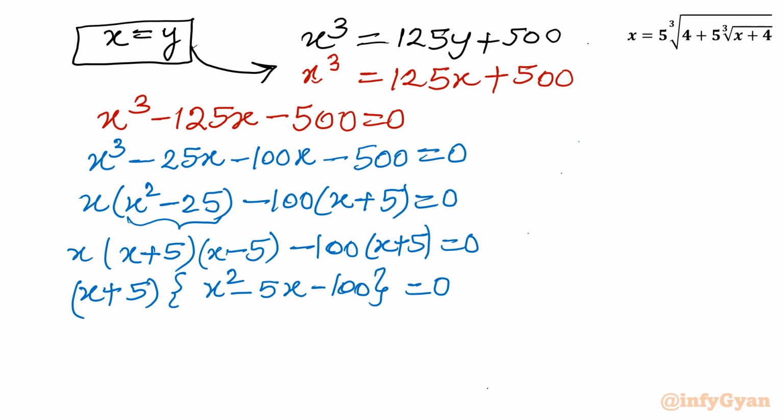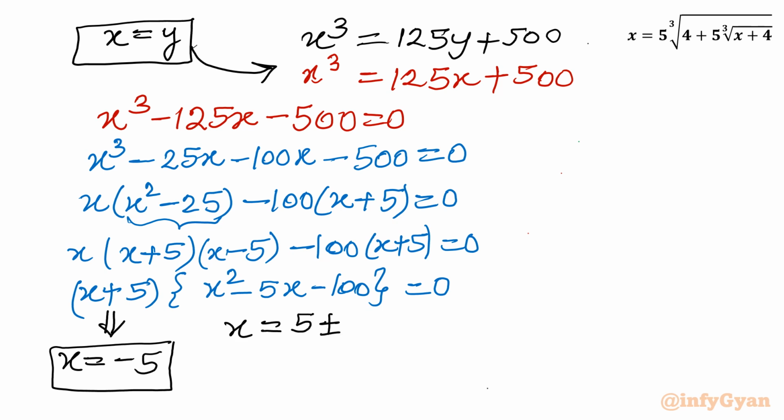So now, solution time. From the first bracket, we will be having x is equal to minus 5, the first real solution. And let's find the solutions from this quadratic equation. Minus b, 5, plus minus under the root b square, so 25 minus 4ac, so plus 400, divided by 2. Next step, I will write 5 plus minus square root 425.